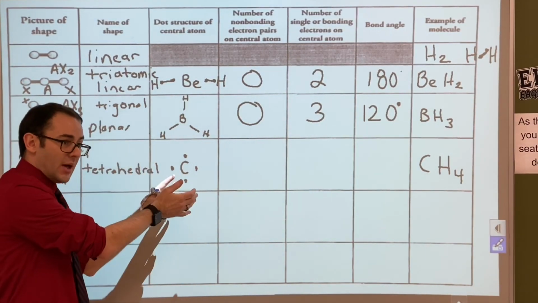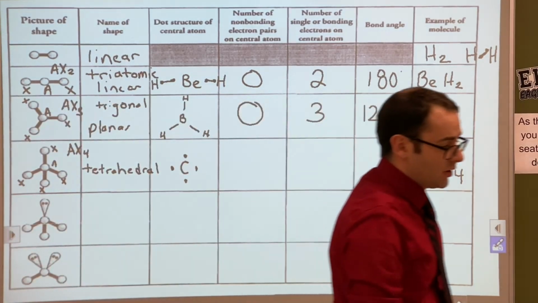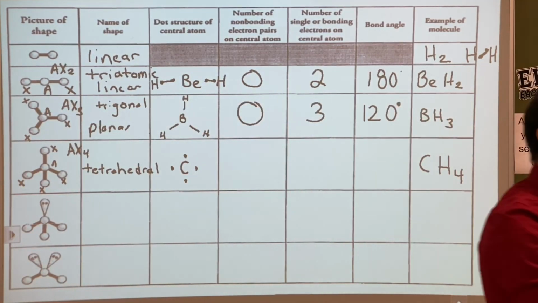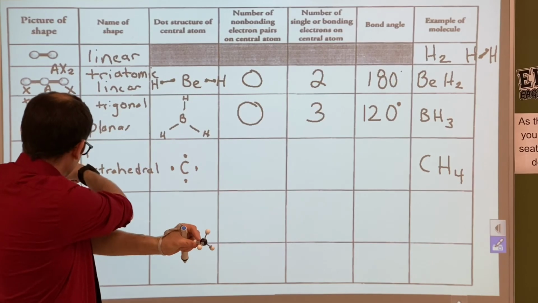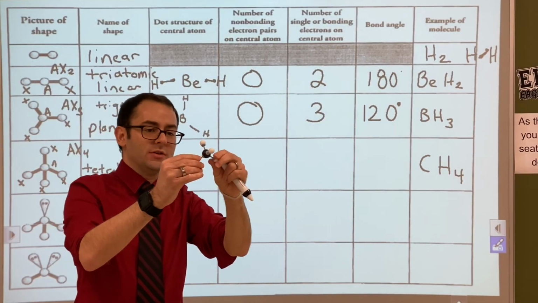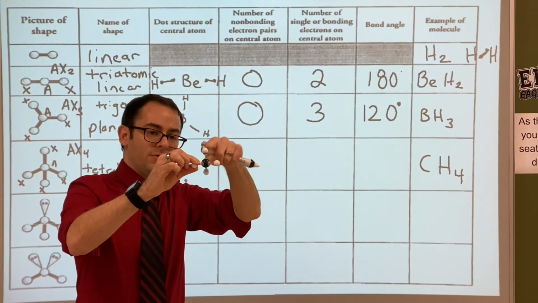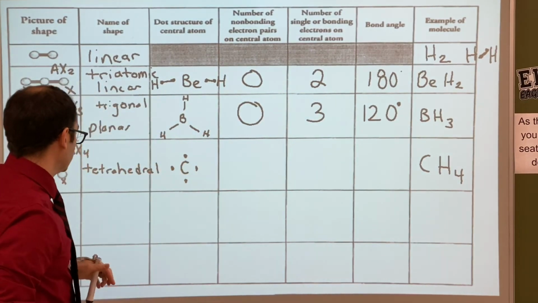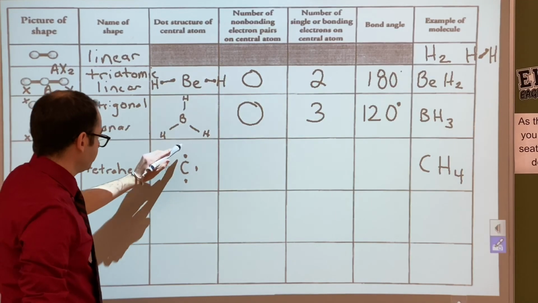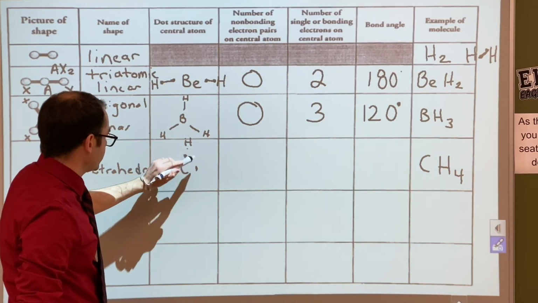It's not the best. You can see it looks different when you have it built. It's not flat like that one. It's more like this, right? But you could kind of turn this in such a way that you could see, all right, 1, 2, 3, 4, it kind of has that shape to it when you're looking right at it. It's okay. All right, we'll put the hydrogens around it.